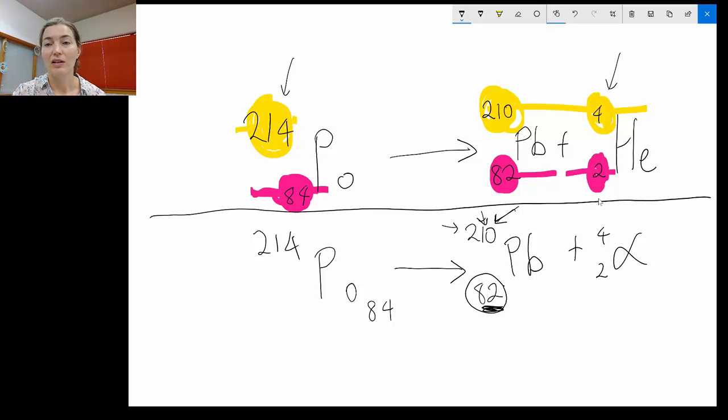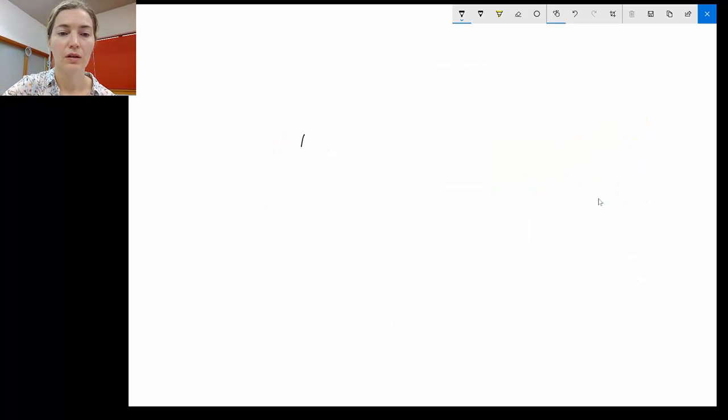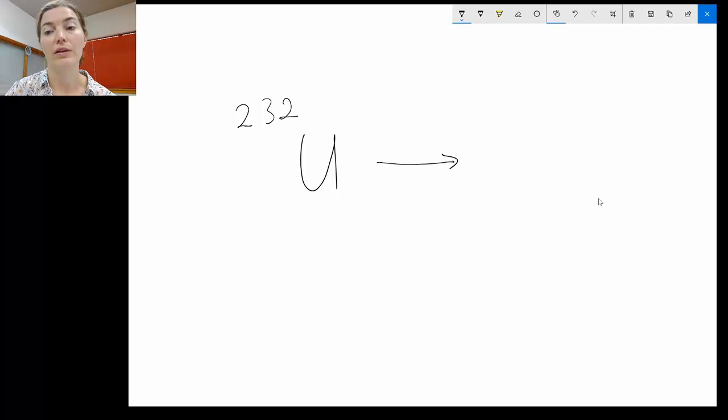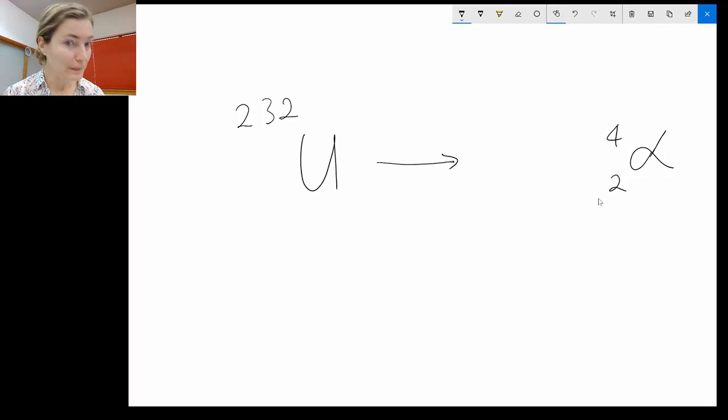All right, let's do another example. We have uranium, and it's 232, and it's going to emit an alpha particle. So let's draw it as alpha, 4, 2. And uranium has a proton count of 92. So what is it going to decay into?